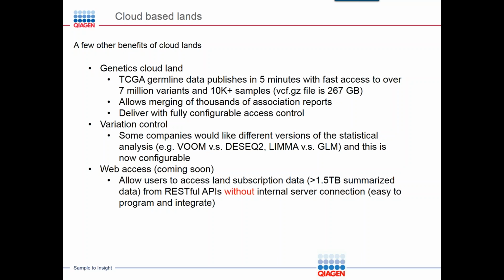This is a VCF file with 7 million variants and more than 10,000 samples. The VCF.gz file, which is already compressed, is 267 GB. Essentially the biggest VCF that will ever be generated. This is joint calling based on GATK.